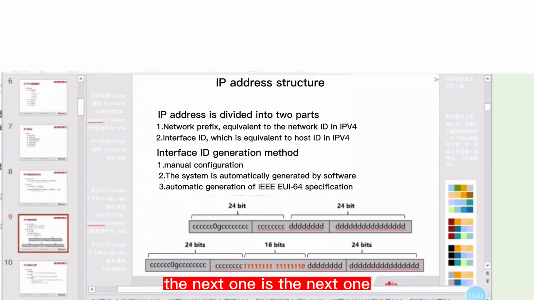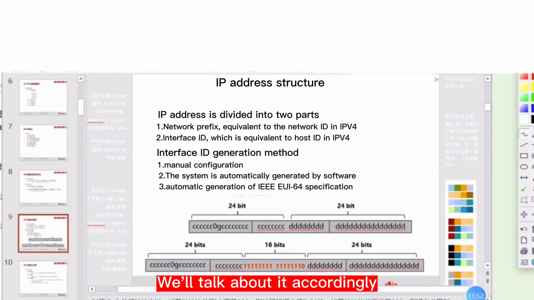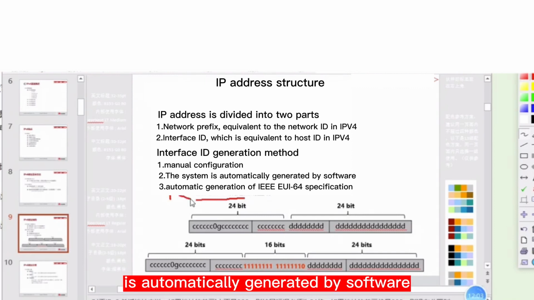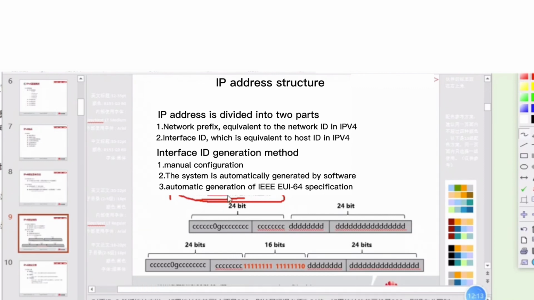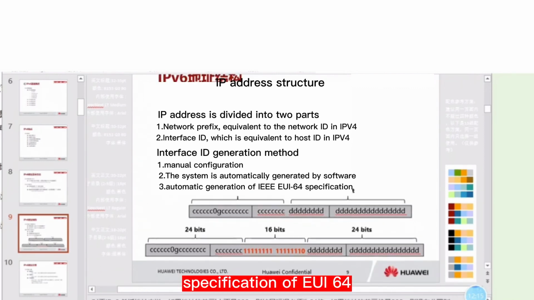The next one is called EUI-64 conversion. We'll do this conversion later and talk about it accordingly. So it mainly involves these three aspects: manual configuration, automatic generation by system software, and generation by the EUI-64 specification. The most commonly used one is the EUI-64 specification.